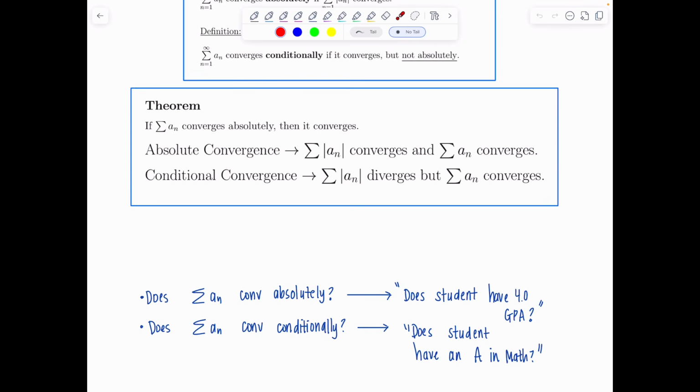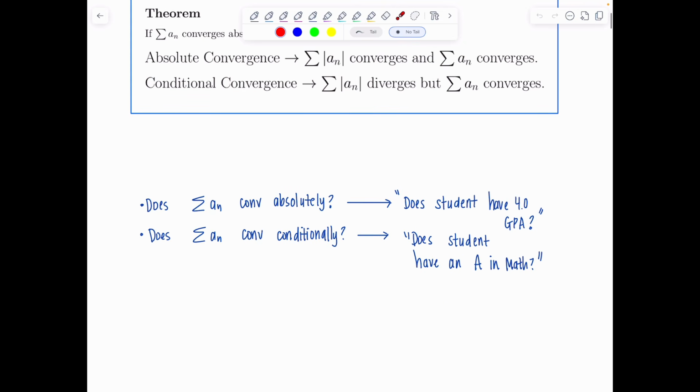Here's the other thing that's super helpful that I've been trying to remind my students. When you test for absolute convergence, you take the absolute value of the terms, right? And you can use any test except AST, alternating series test.